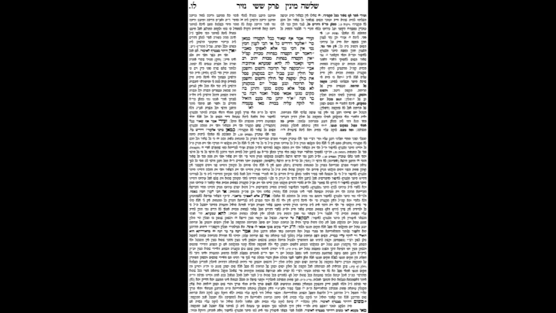So the braisa talks about terumah and chulin, in two different versions. Either the stew, which is the majority, was terumah, and the onion and the oil and the garlic were chulin, or the other way around. The stew itself was chulin, and the oil and the garlic were the terumah.